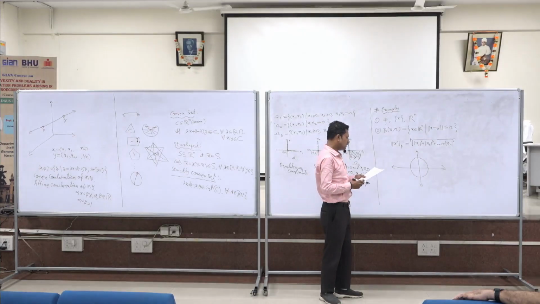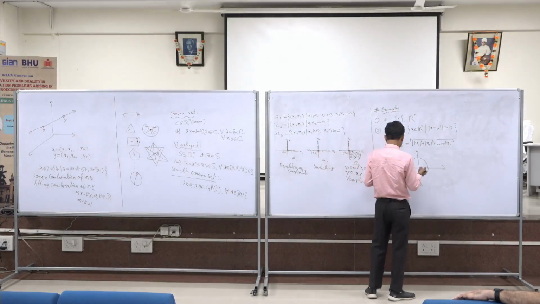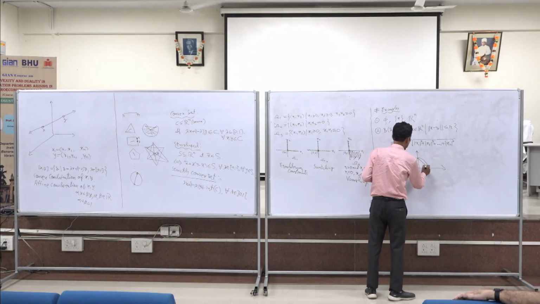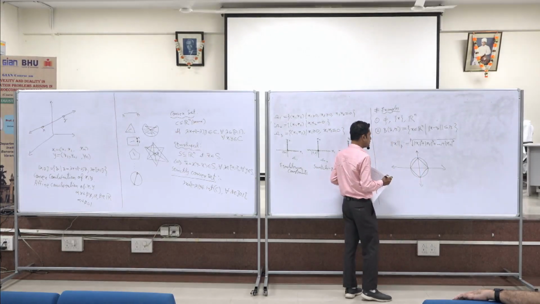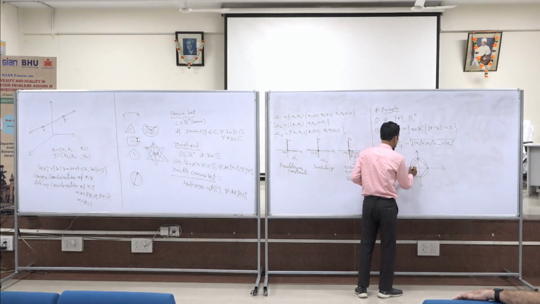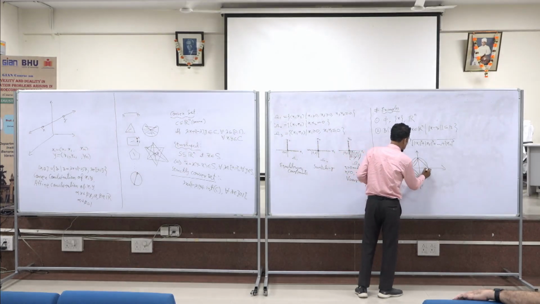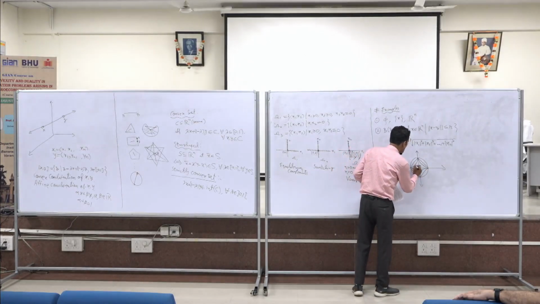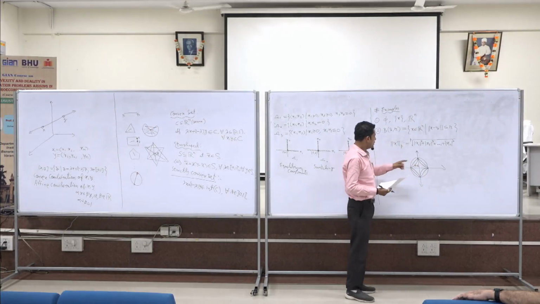And if we take p equal to 1, then what will happen? The shape will be like this. But for p equal to 1 by 2, it will be like this. So this is for p equal to 1 by 2, this is for p equal to 1, and this is for p equal to 2.